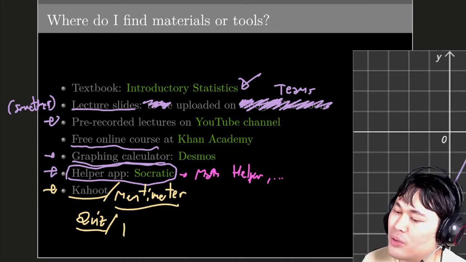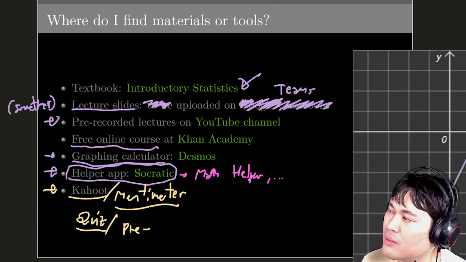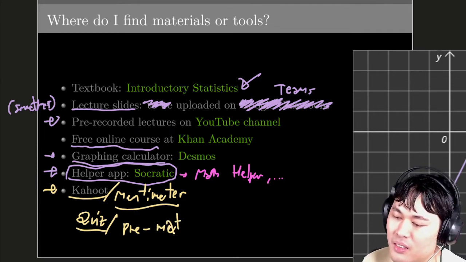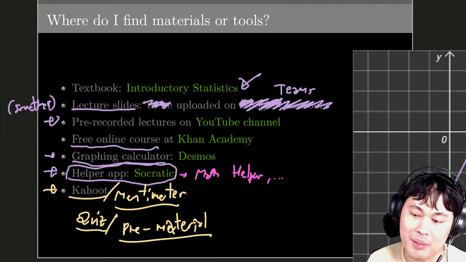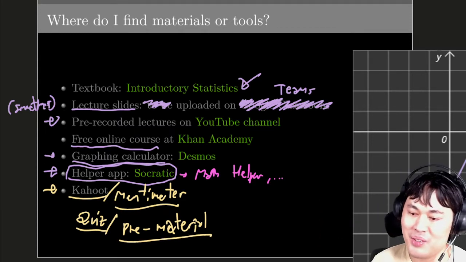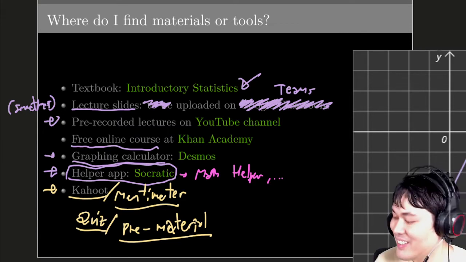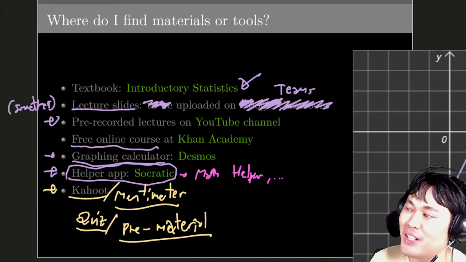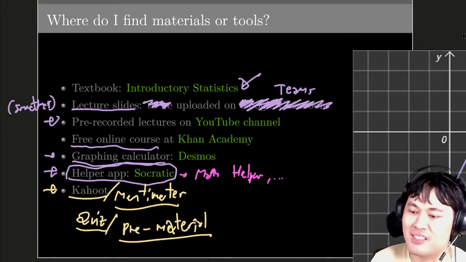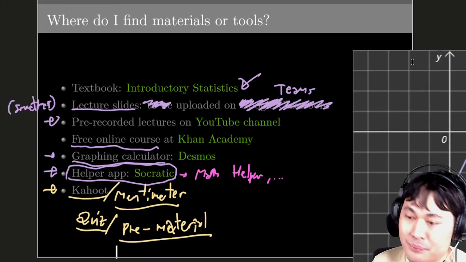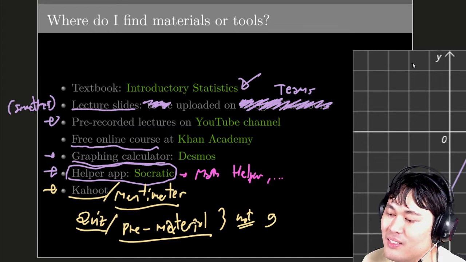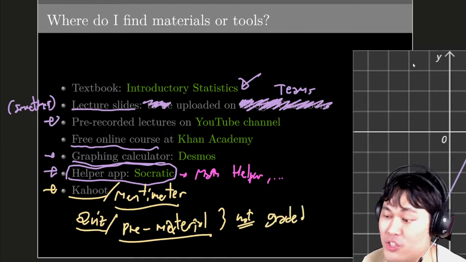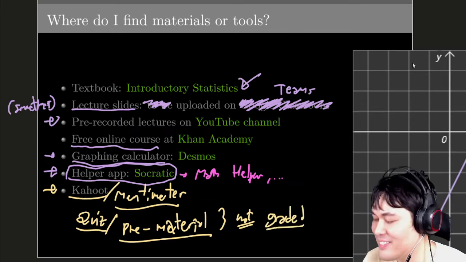Or maybe I'm going to have you take a quiz when you have no idea what is going on, just to see if your basic intuition is correct. But again, they are not graded. Feel free to join and have fun, I guess.